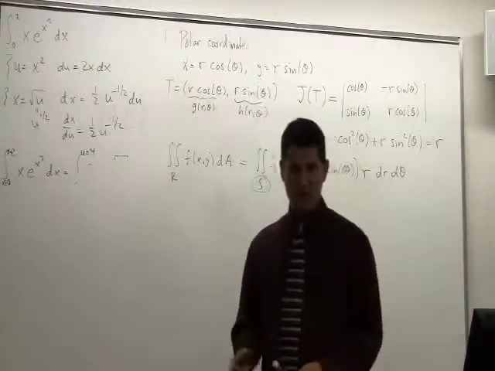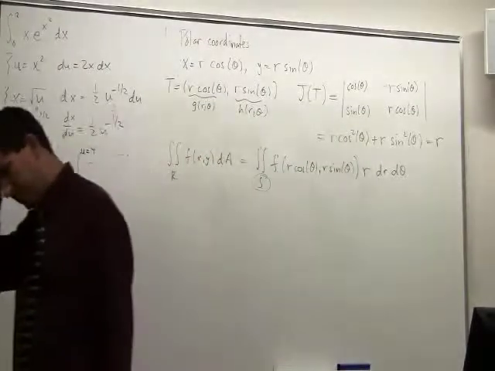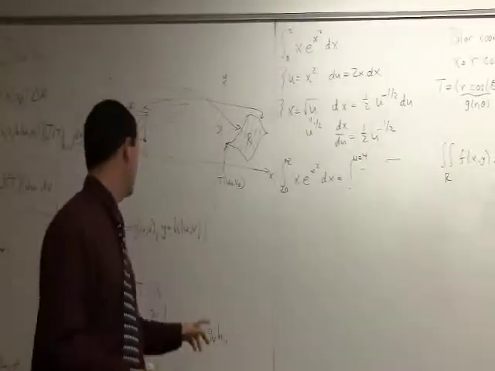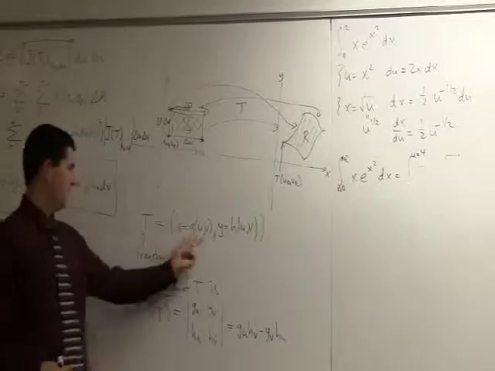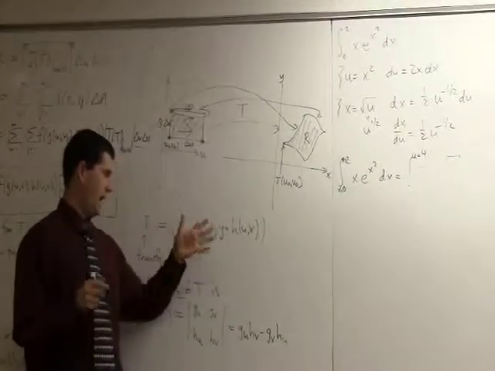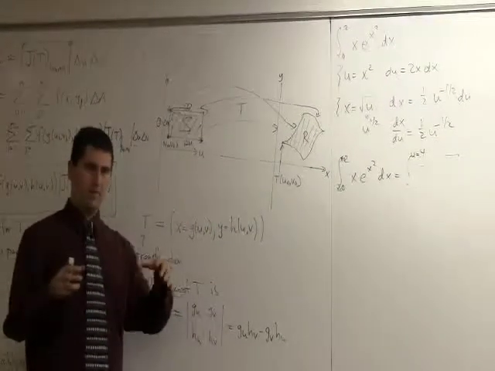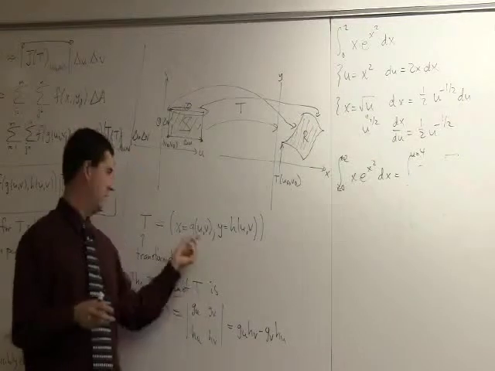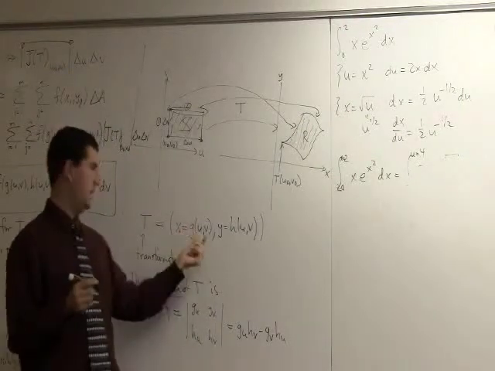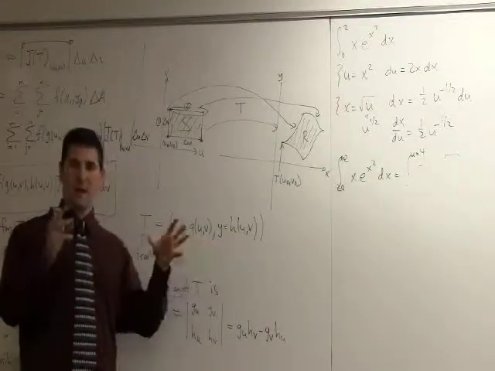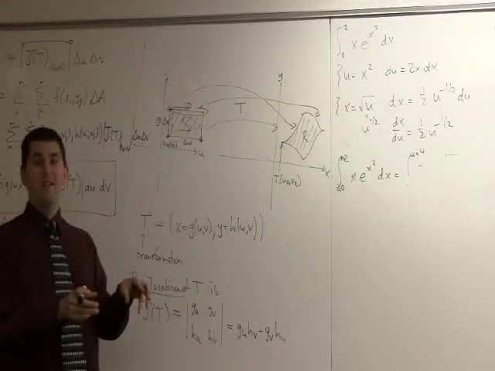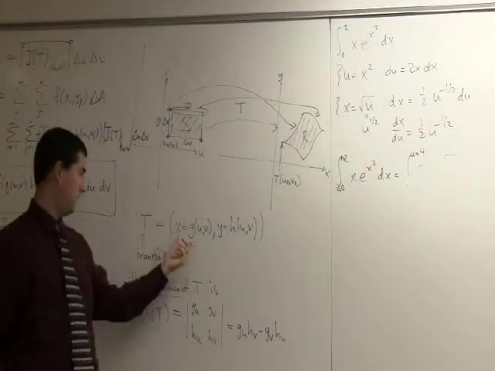One of the things that you should be thinking about with this T is that it's actually a function of two variables. That is, it's a function that eats two variables, u and v, and spits out not just one number. It actually spits out two things.